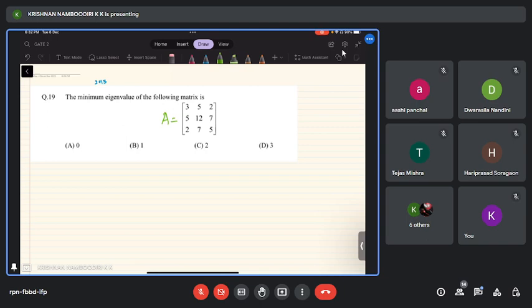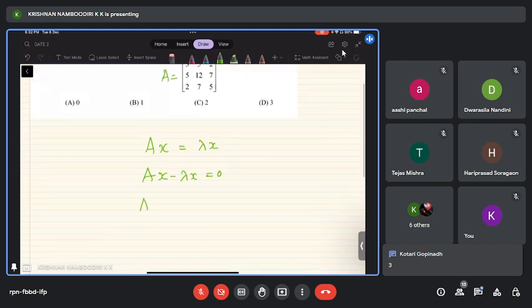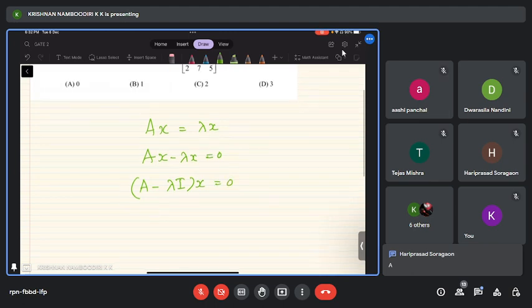So can somebody tell the answer? One way is to calculate Ax equal to lambda x, then taking this to the left side, Ax minus lambda x equal to 0. What does that mean? A minus lambda I, where I is the identity matrix, into x equal to 0.